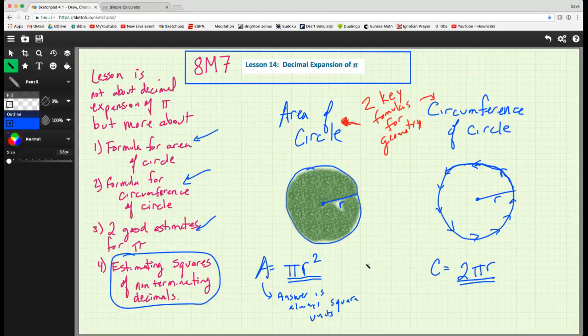And so when you think about it, the area has the squared piece in it. The area has the r squared, whereas the circumference doesn't have the r squared, because circumference is a distance around a circle.